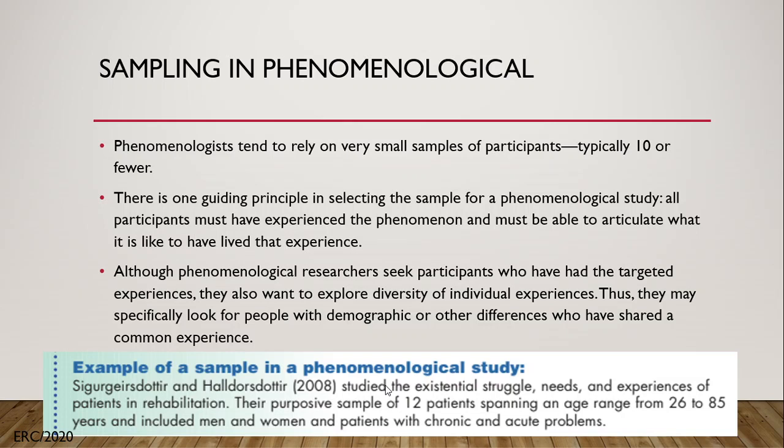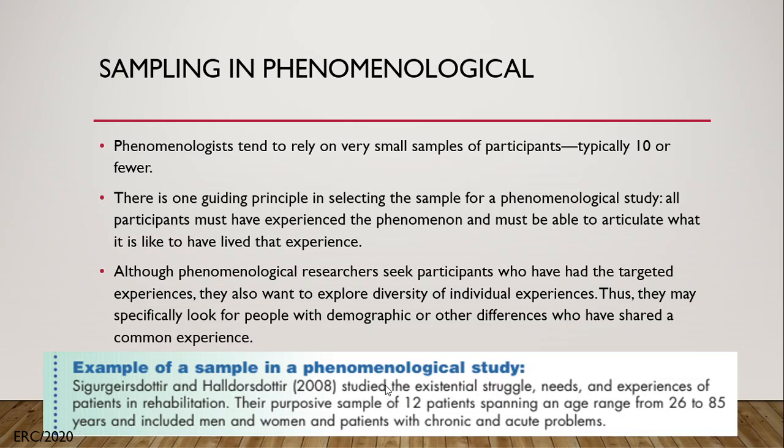Okay, although phenomenological researchers seek participants who have had the targeted experiences, they also want to explore diversity of individual experiences. Thus, they may specifically look for persons with demographic or other differences who have shared a common experience.